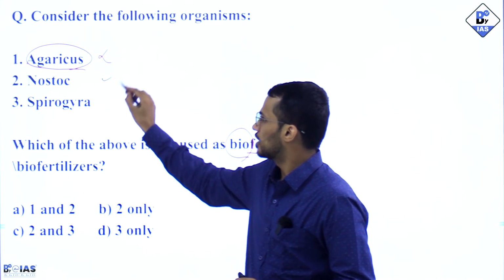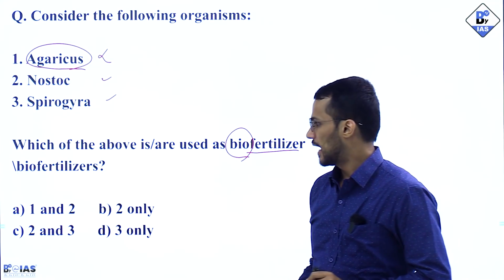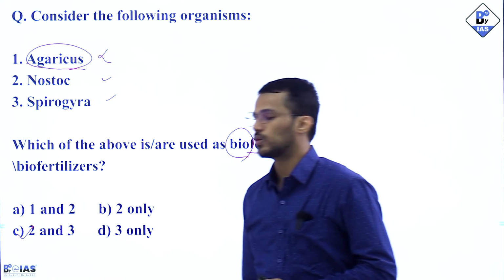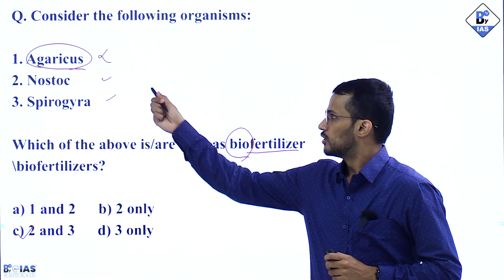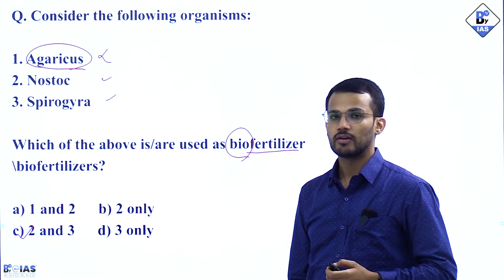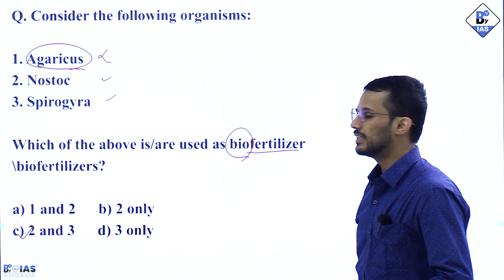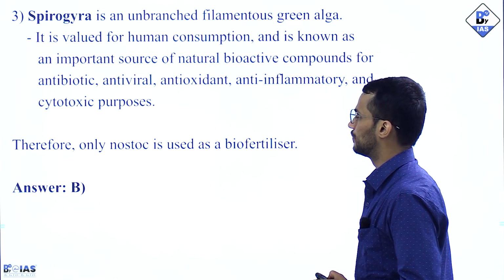But nostoc and Spirogyra are considered as biofertilizers. And hence, the correct answer for this question is C, 2 and 3 only. Spirogyra and nostoc are biofertilizers. Whenever they are added to soil, they increase the availability of nutrients in that soil.